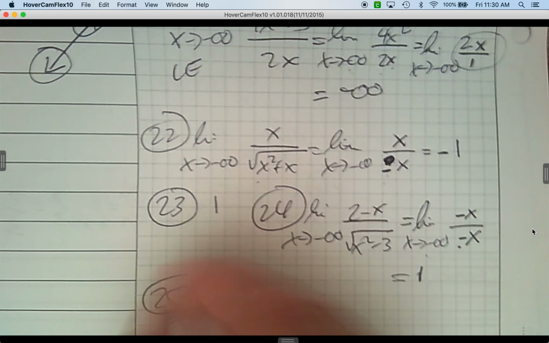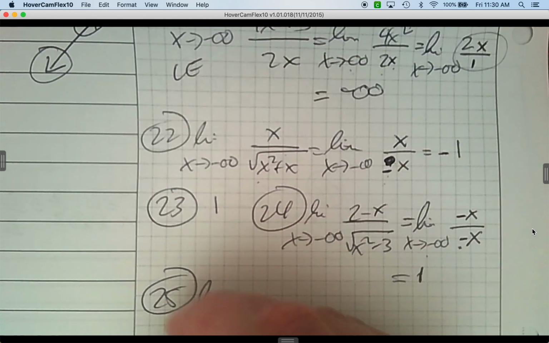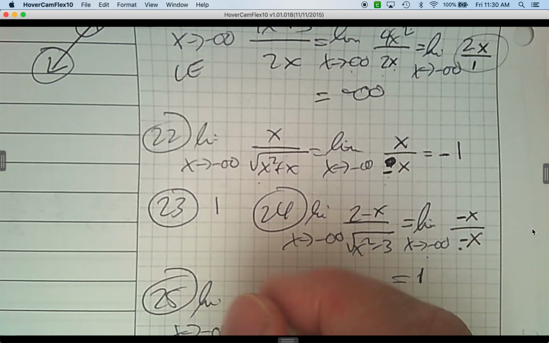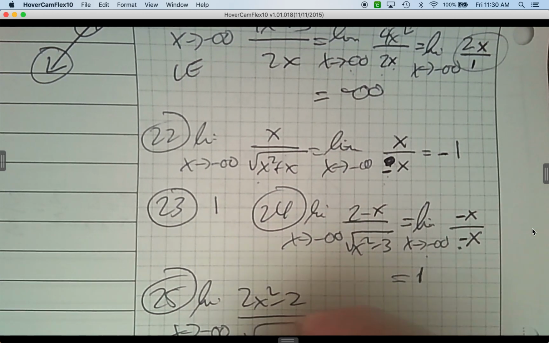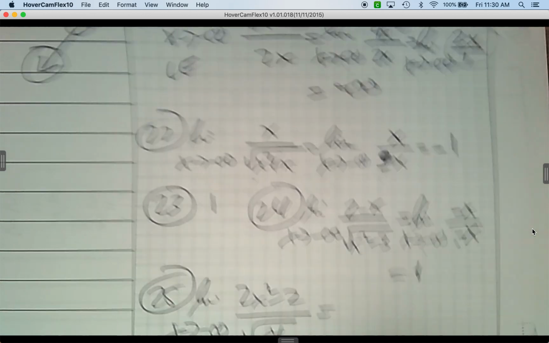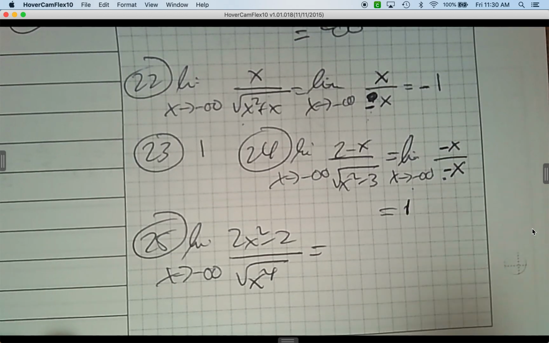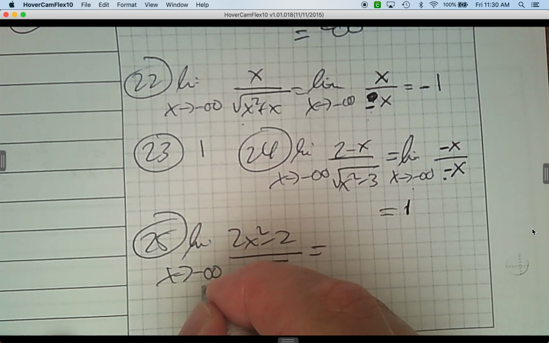Number 25. The limit as x approaches negative infinity of 2x squared subtract 2 over the square root of x to the 4th. And again, it's the left end that I'm looking at here.